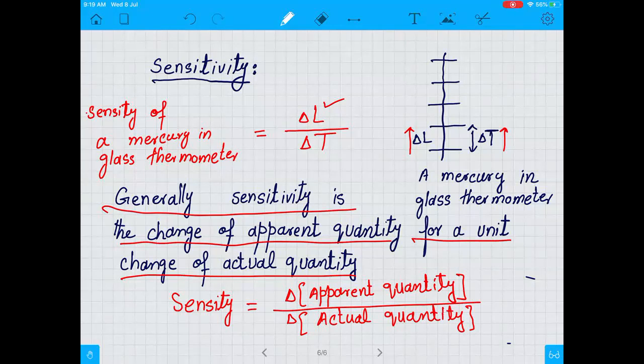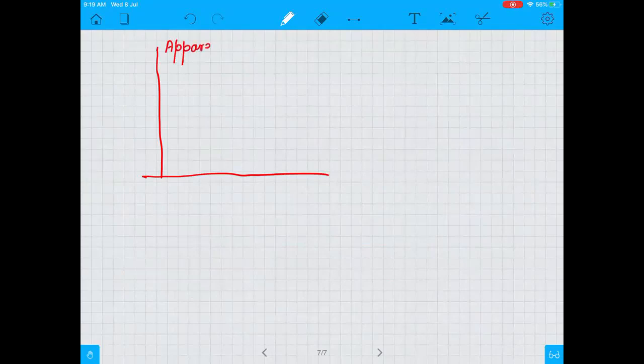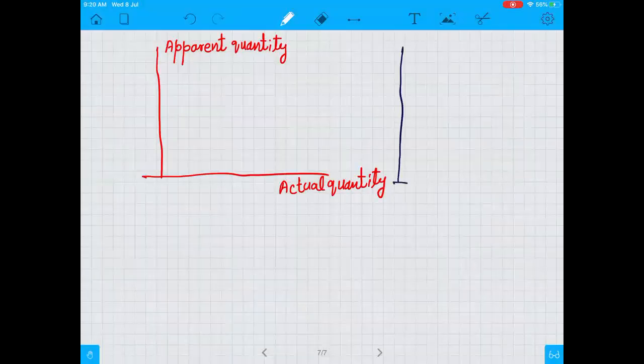Now sometimes the calibration curves will be, in simple words, what is a calibration curve? If you plot a graph between apparent quantity versus the actual quantity, or vice versa, with actual on the y-axis, both are acceptable.